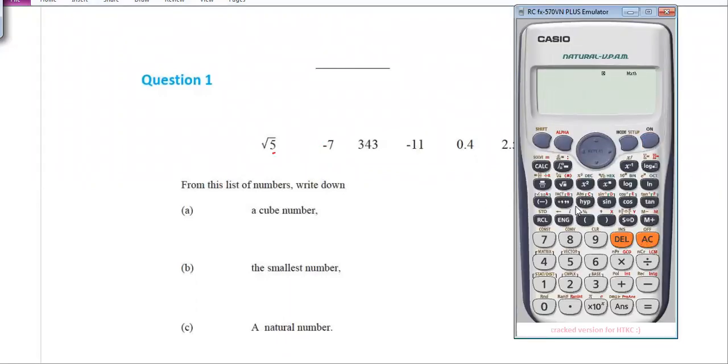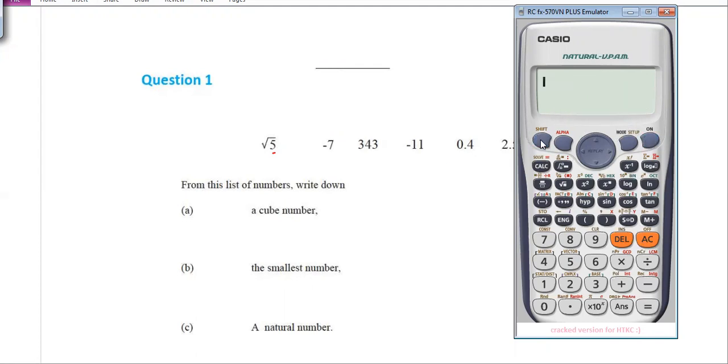For example, if you take the cube root of the square root of 5, it will give you a decimal answer, so it means it is not a cube number. If you take in the same way the cube root of -7, it will not give you a whole number. It means it is not a cube number.